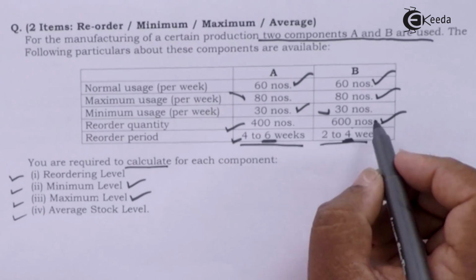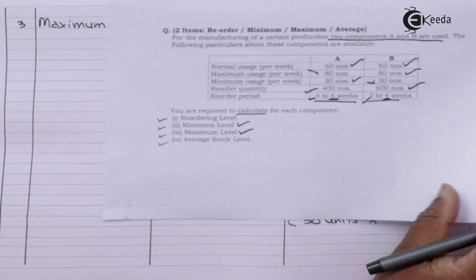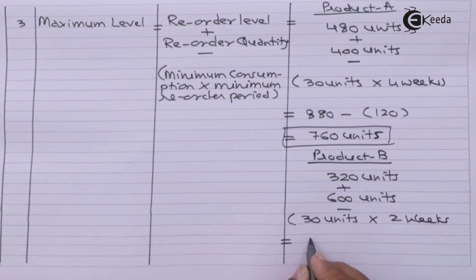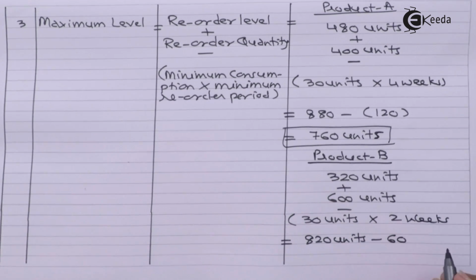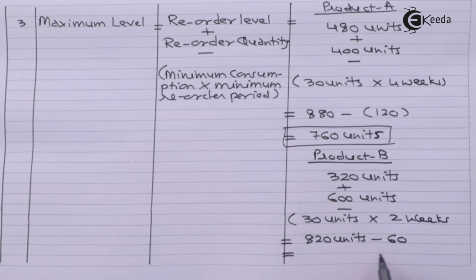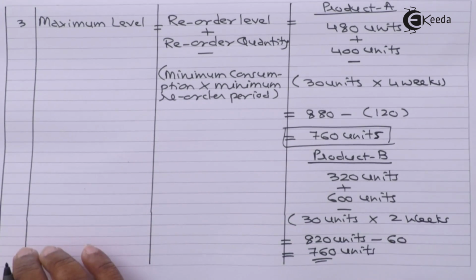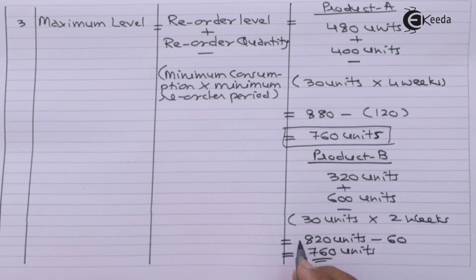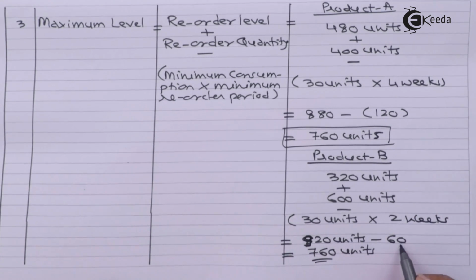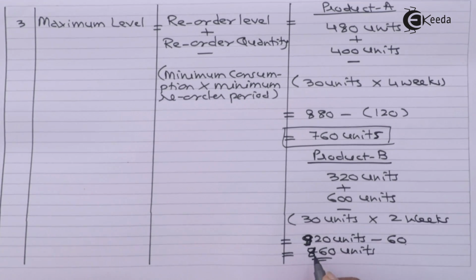Minimum reorder period 2 weeks. 920 units minus 60, it will be 860 units.